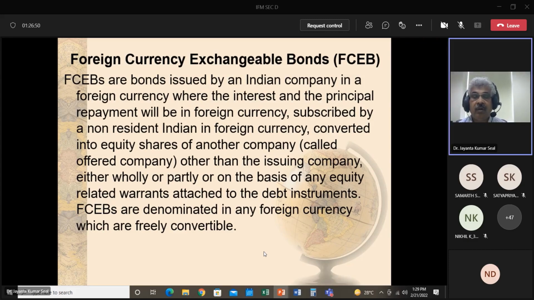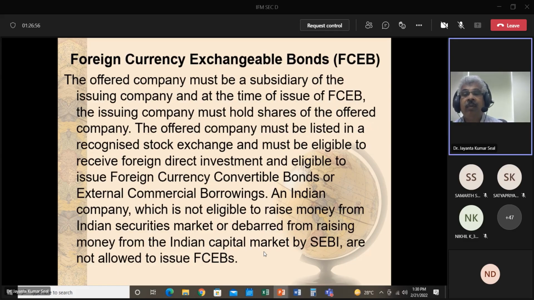So FCEBs are denominated in any foreign currency which is freely convertible. The offered company must be a subsidiary of the issuing company, and at the time of issue of the foreign currency exchangeable bond, the issuing company must hold shares of the offered company. So it's not that Tata Steel is issuing bonds and it is thinking of acquiring one company. Say Tata Steel is thinking of acquiring, say, Amazon.